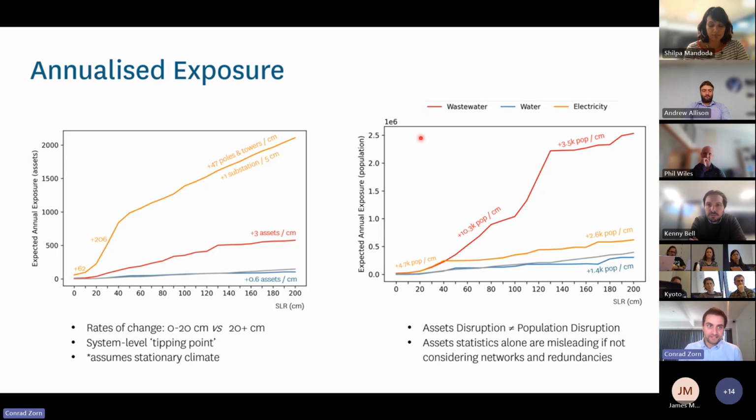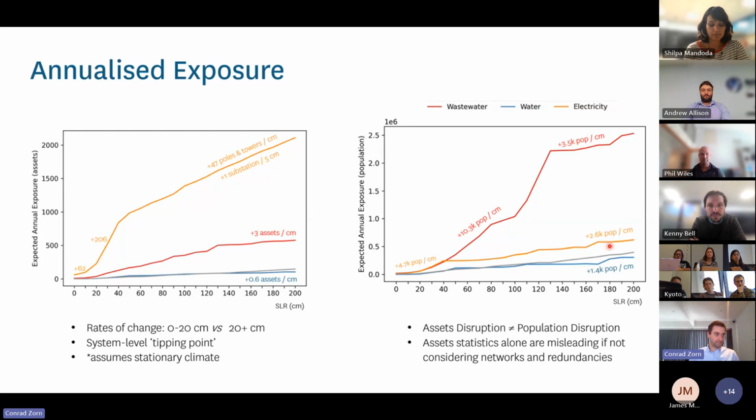Often we look at assets as well, the disruption, the number of assets damaged, a completely different picture when you start looking at what it actually means for people. So wastewater networks, we see the number of people potentially affected accelerates far faster than any of the other networks. Electricity networks, these here, and the water supply at the bottom here, often it's the last mile, we could say, right?